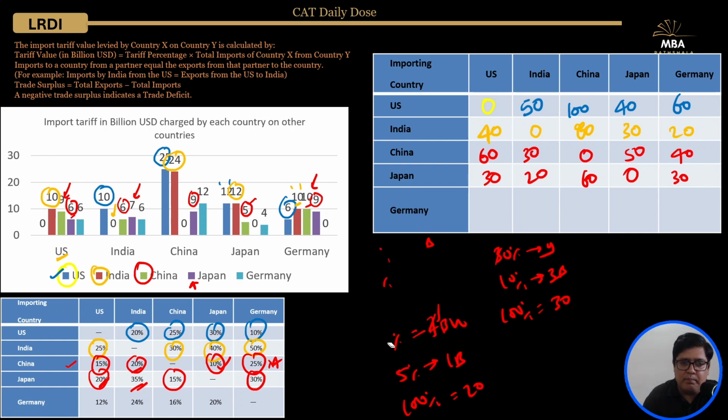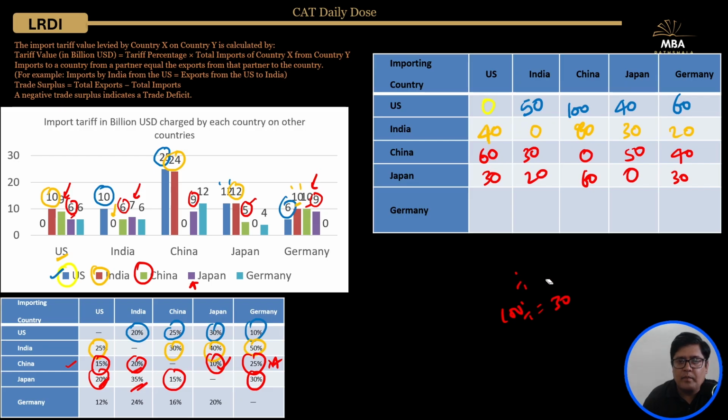This rough work mostly you can do with mental calculation. Germany is charging US 12% and Germany is charging US 6. So 12 percentage is 6, 2 percentage is 1 billion, 100 percentage is 50 billion.